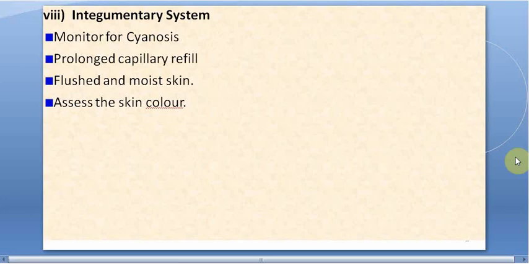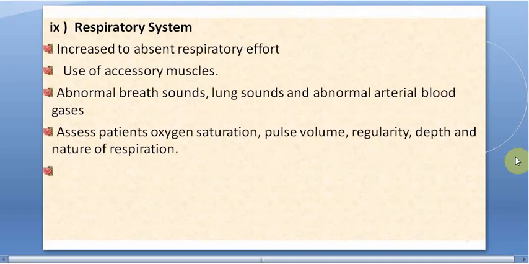When you press and after a few seconds release, you will see that within 1 to 2 seconds the blood circulation has returned. That is referred to as capillary refill. Along with that, you should see the skin. See whether the skin is moist or dehydrated. What is the skin color? All that can be assessed.